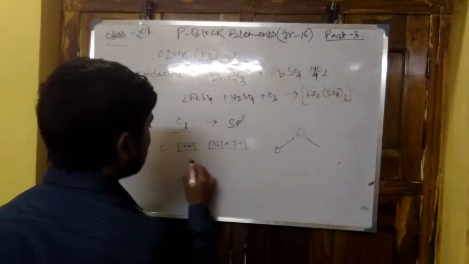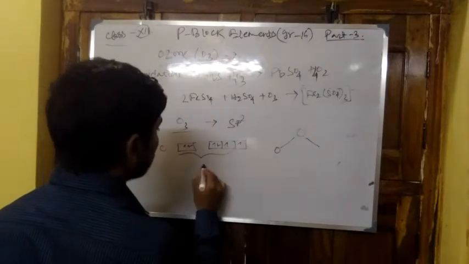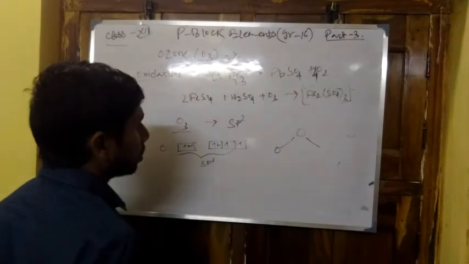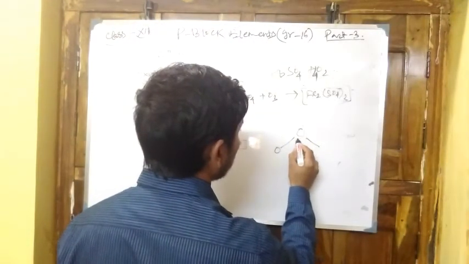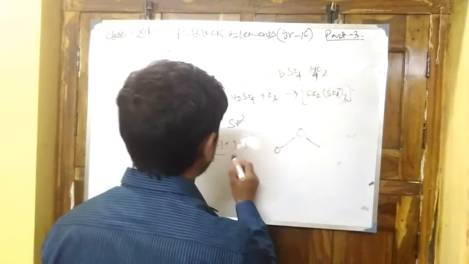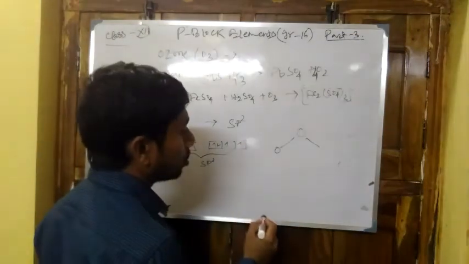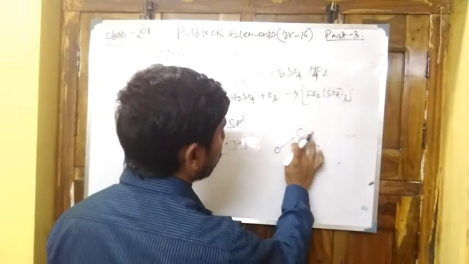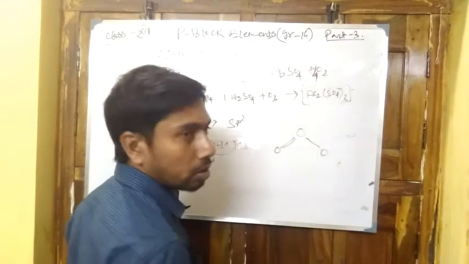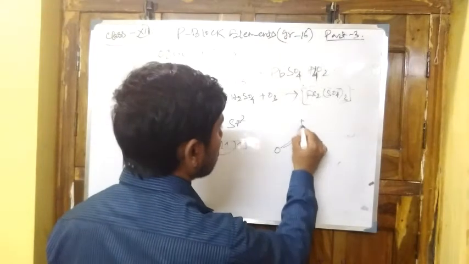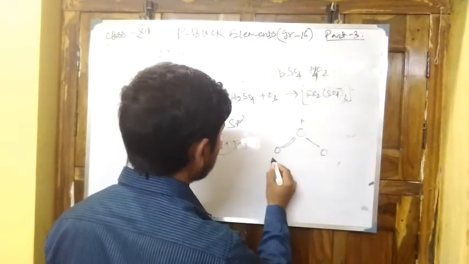Now as it is sp2 hybridized, here 2 lone pairs are there in the ground state, and as one lone pair is also there, it will make a coordinate covalent bond with oxygen and another one with that oxygen, forming O plus and O minus.